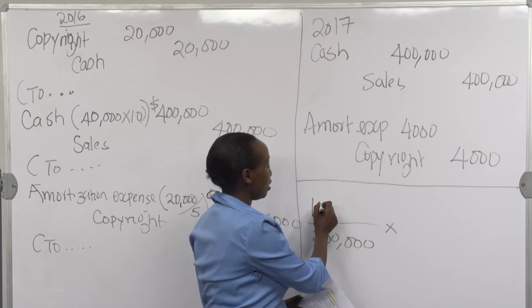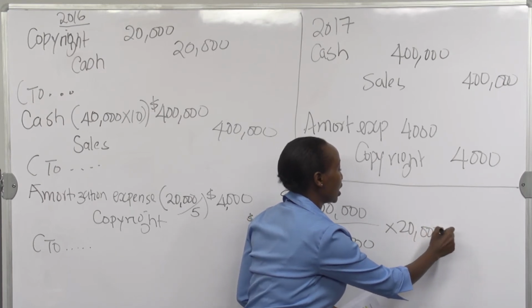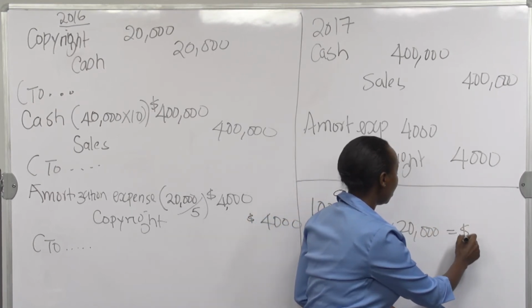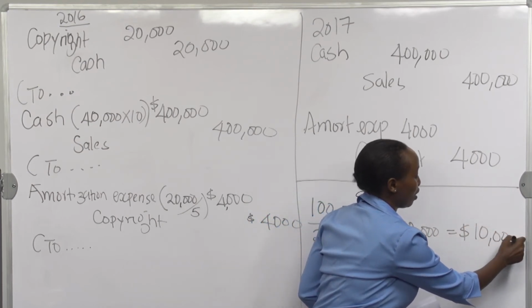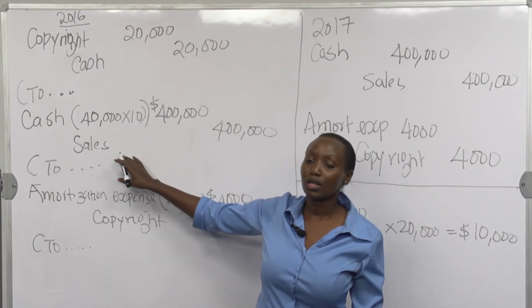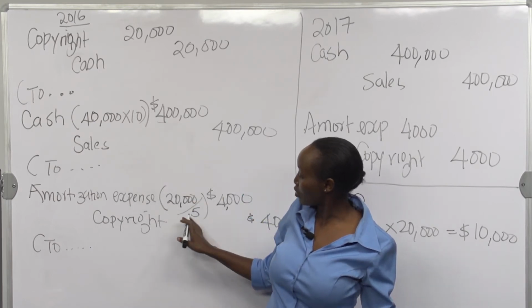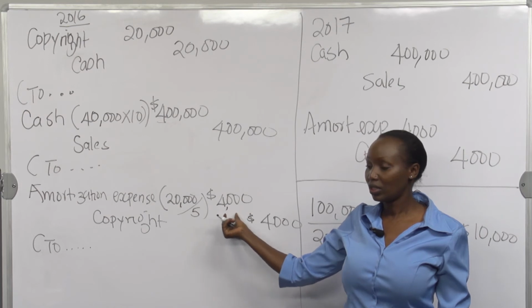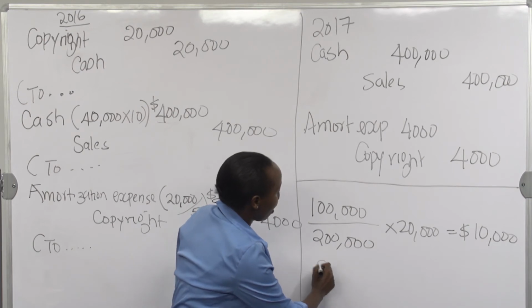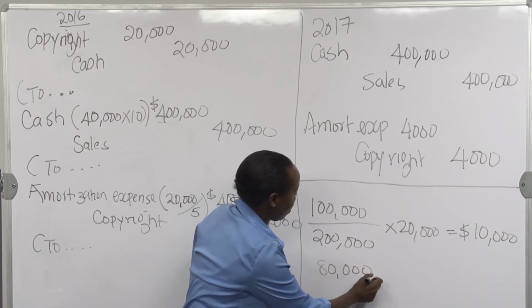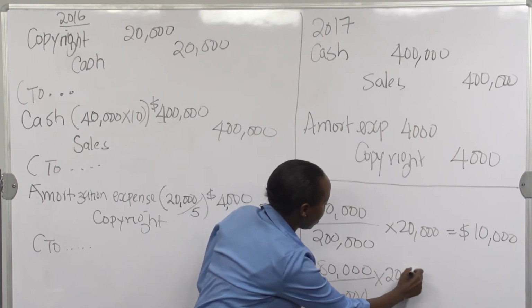If it's 2016, we'll have 100,000, and we'll allocate the 20,000 based on that pattern. So the amortization expense for 2016 would be 10,000. Since 10,000 is greater than 4,000, we'll record this one instead of 4,000. We would have 10,000 here for 2016. For 2017, we would have 80,000 divided by 200,000 and multiply that by 20,000.